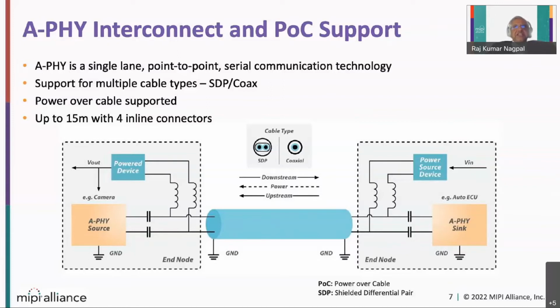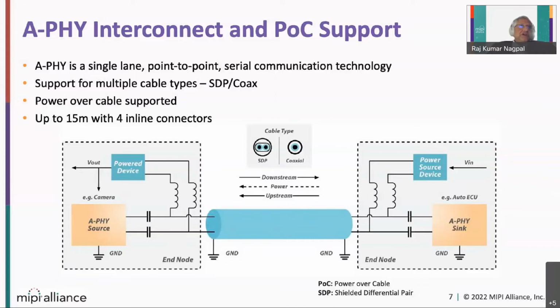Power delivery is supported as one option, wherein you can transfer power to the sensor using this approach. There is no dedicated power requirement at the sensor, as this physical layer will support the power delivery also. So this is a very top level solution.